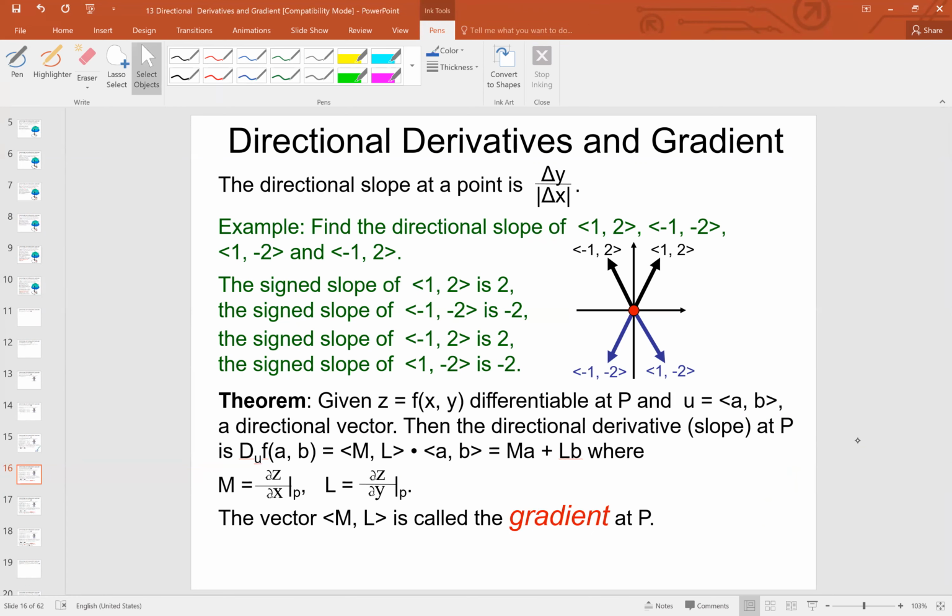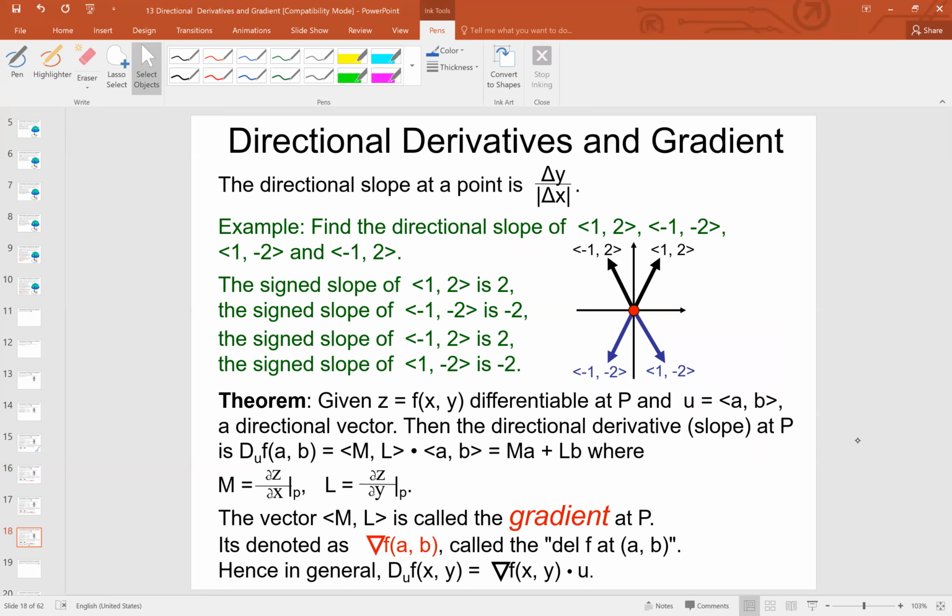By the way, the gradient is denoted by this little triangle shape, which is called del. Del f is the gradient of f. Then you write down which point you are interested in, point (a, b). And the directional derivative is just del f dotted with the direction.